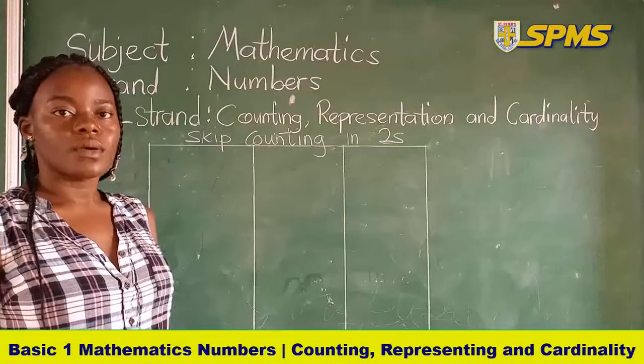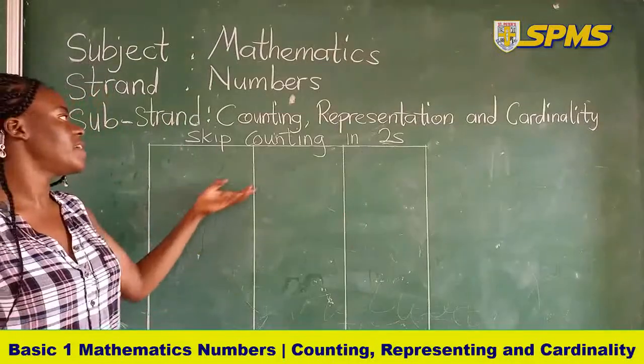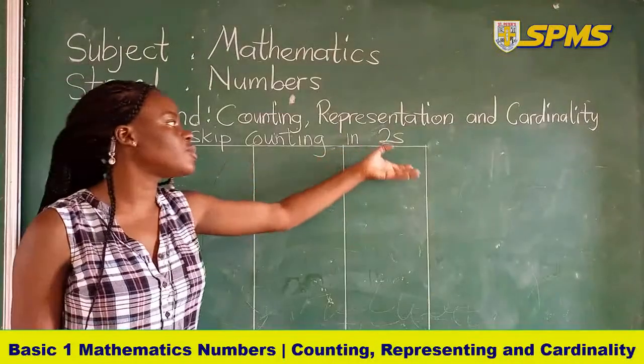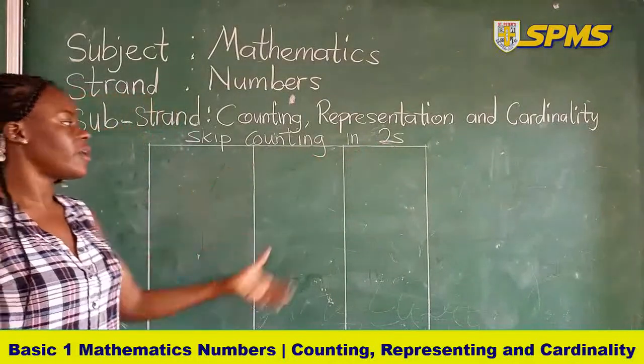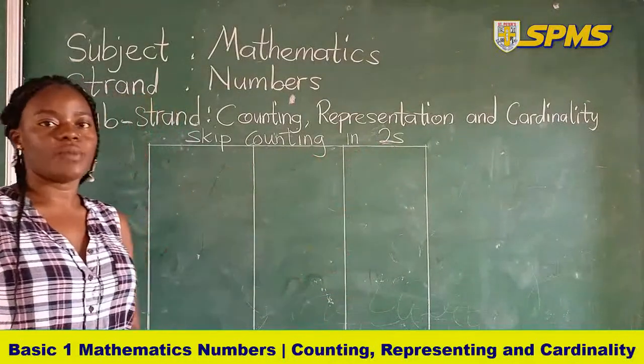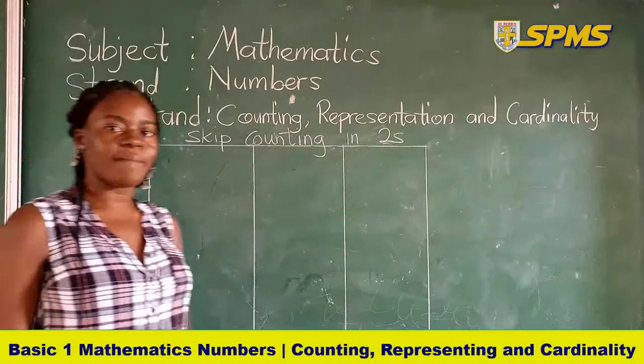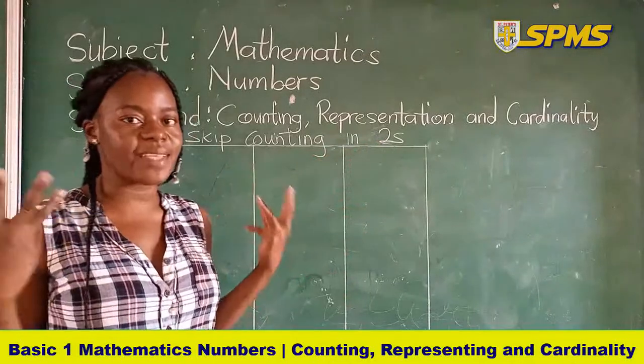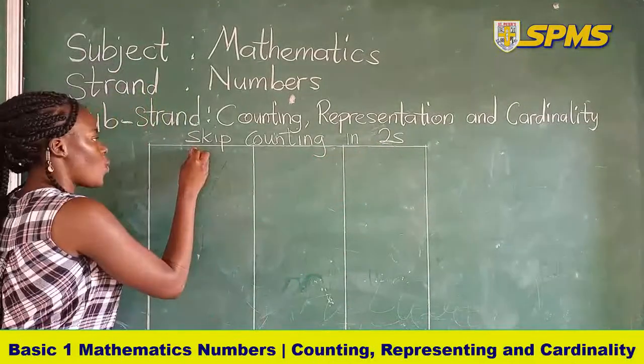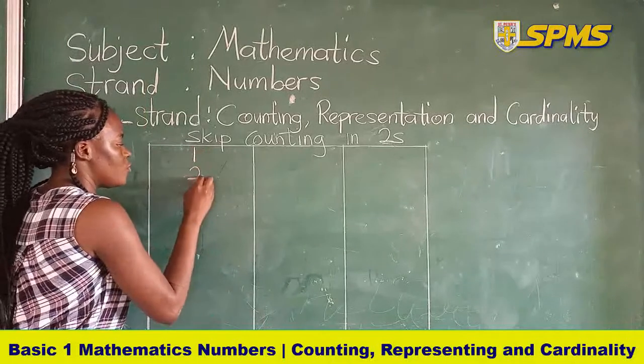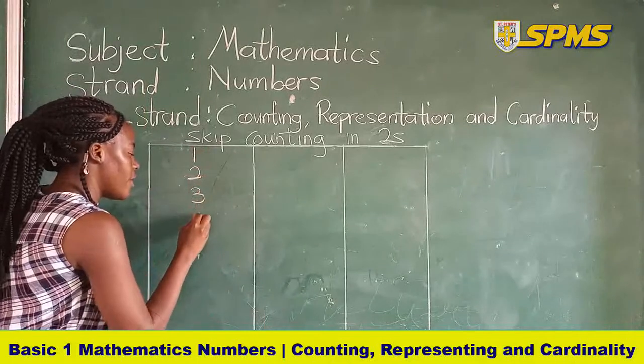Good. Okay, so we have skip counting in 2s, and I have 3 columns here. I'm going to write numbers up to 30. Let's go. 1, 2, 3.